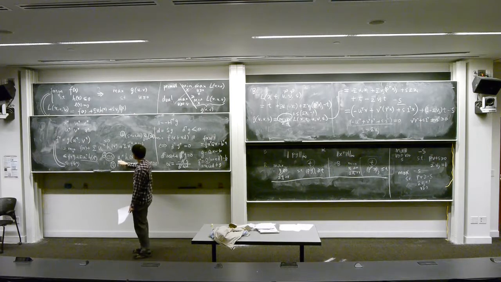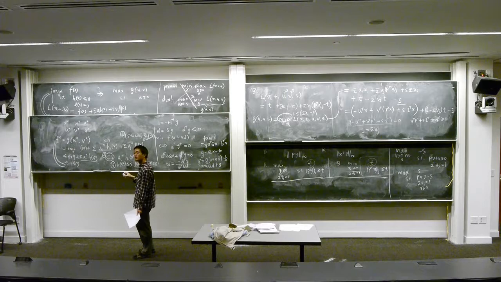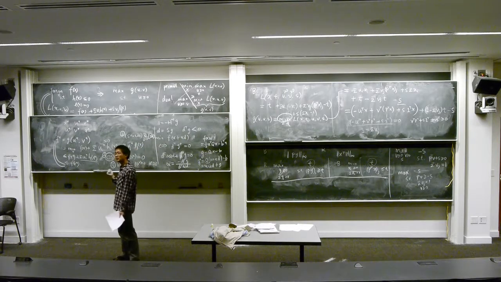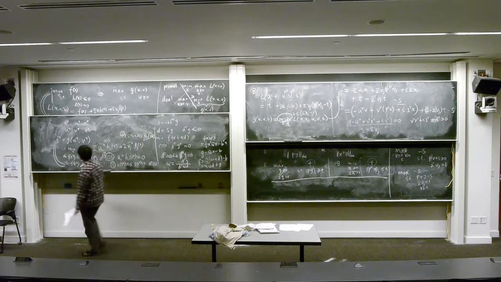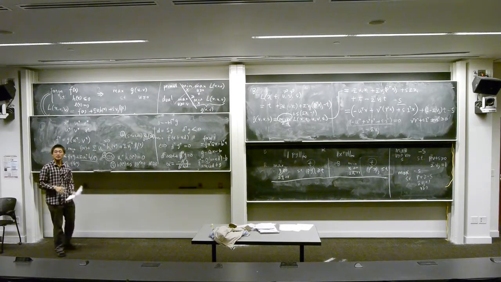So if h_i of x star is not tied, if some of them are not tied, then you don't have this KKT condition.